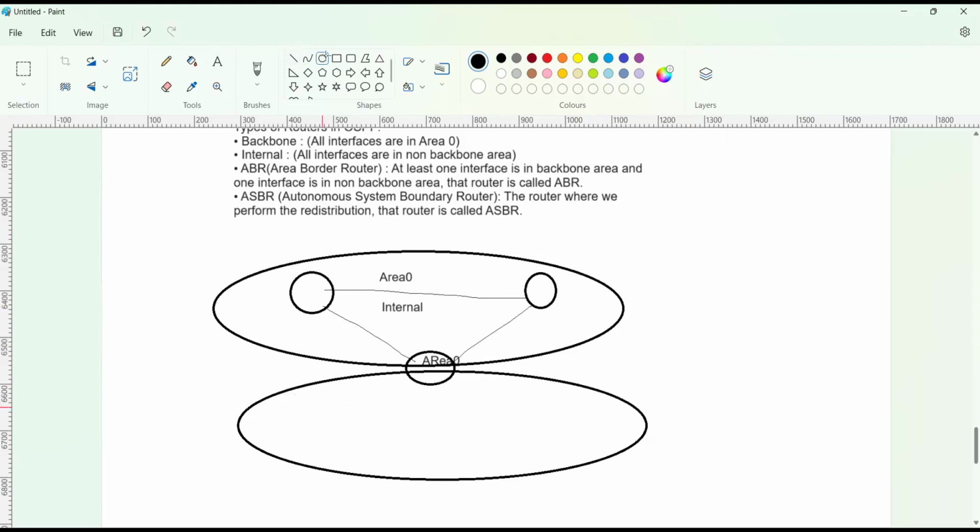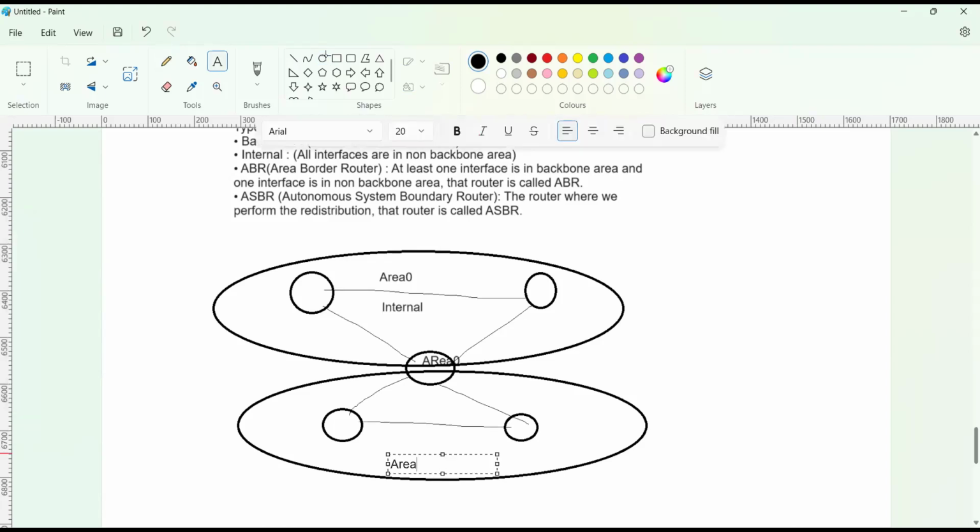this is some different area, you can assume. Area 1. So in between, we call it an ABR router, area border router.